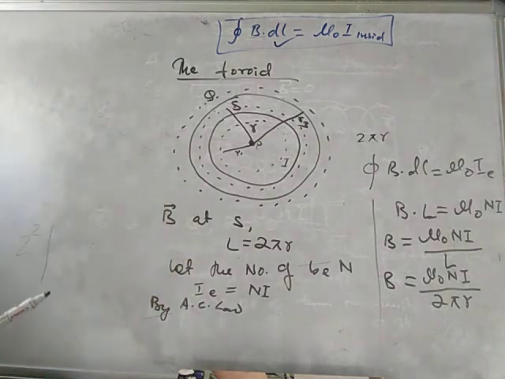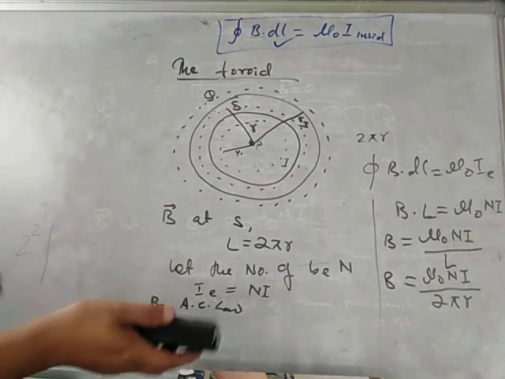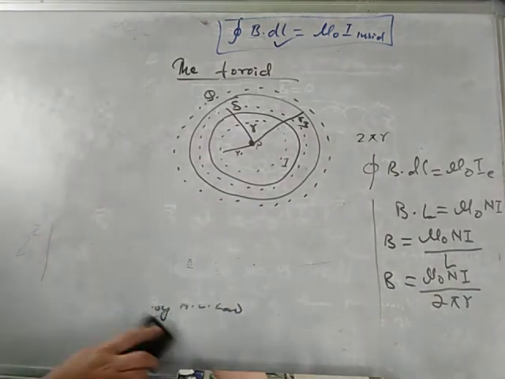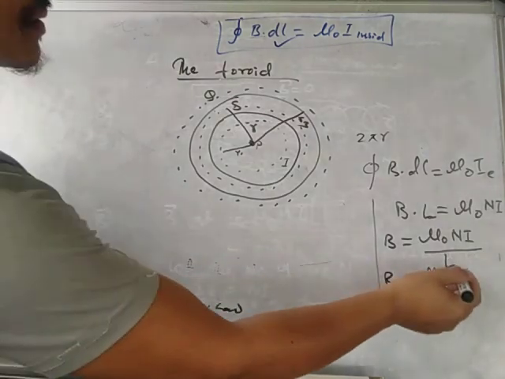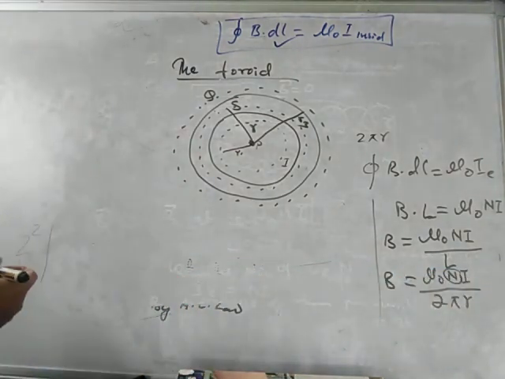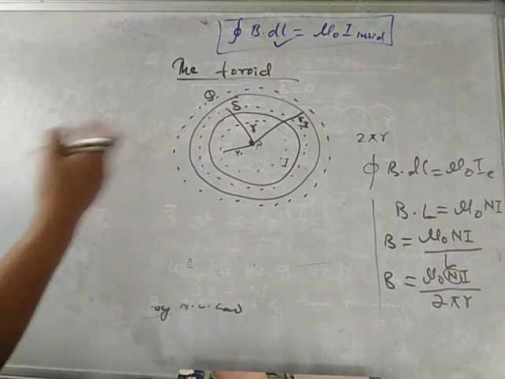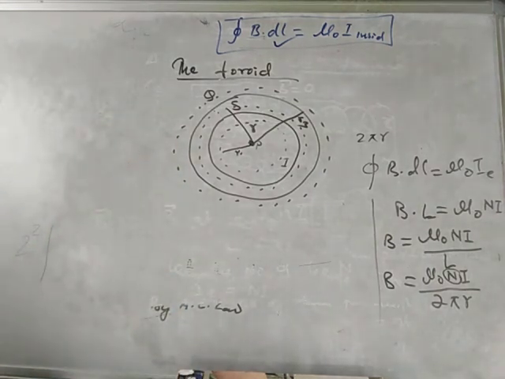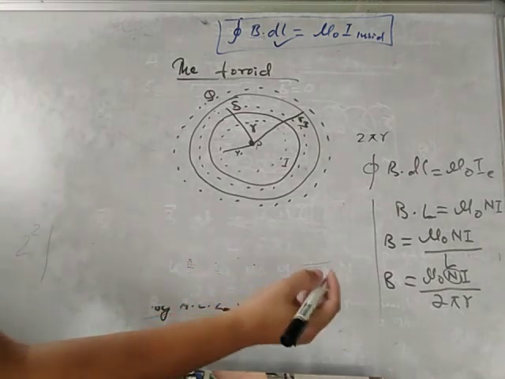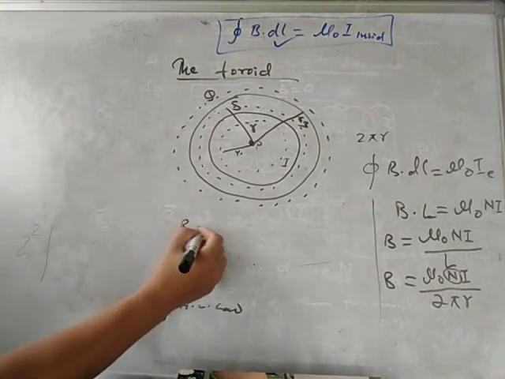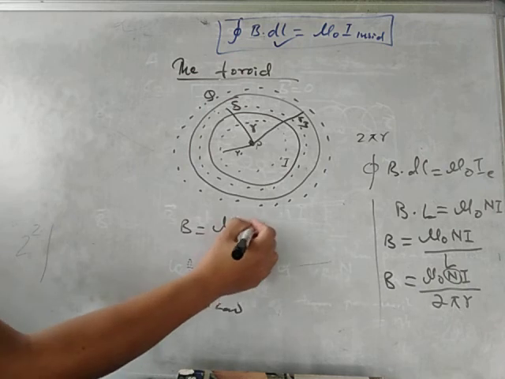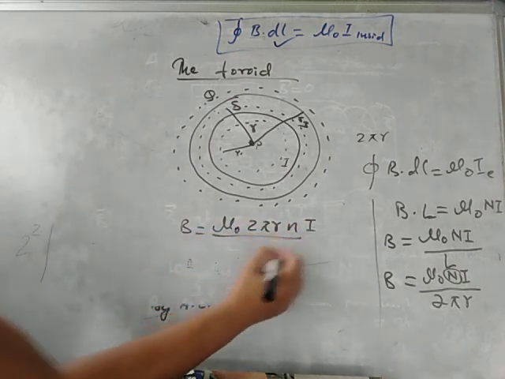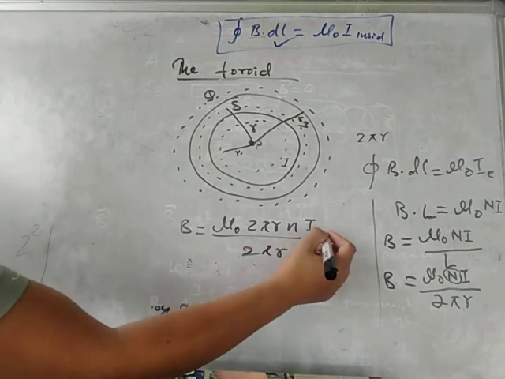So again, understood this one. So again you can change this n. The number of turns equals 2 pi r times the number of turns per length, isn't it? Yes or no? So write down B equals mu naught 2 pi r n into I divided by 2 pi r.